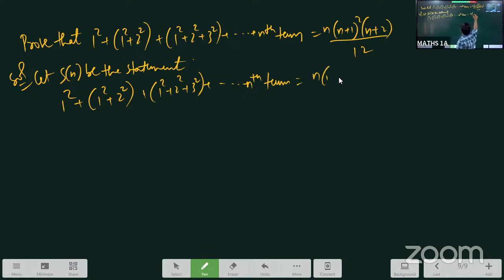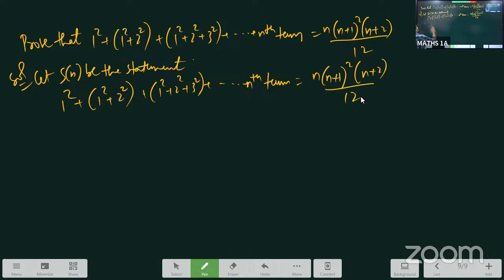That is n into n plus 1 whole square, n plus 2 by 12. That is your nth term.